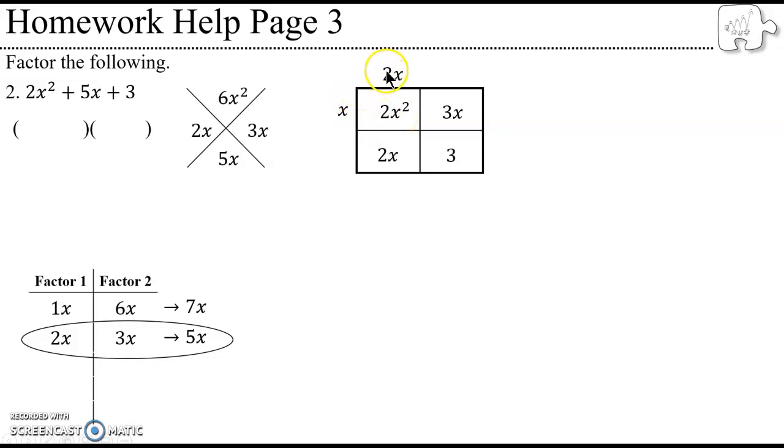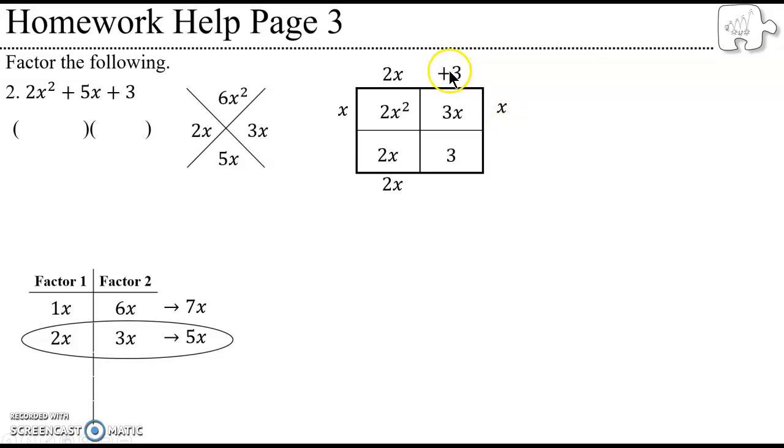So now we could drop down and drop across. That's right, 2x and 2x. Now we got to think about x times what is 3x. x times 3 is 3x.